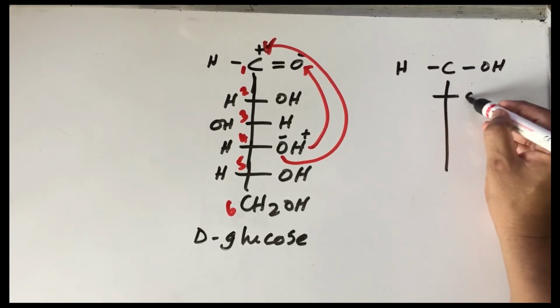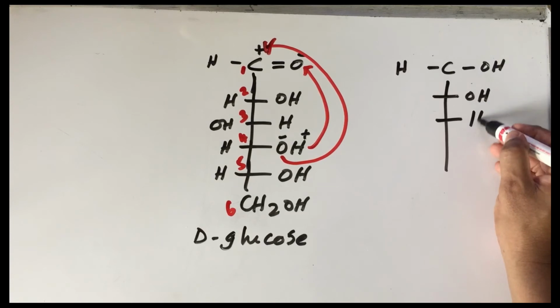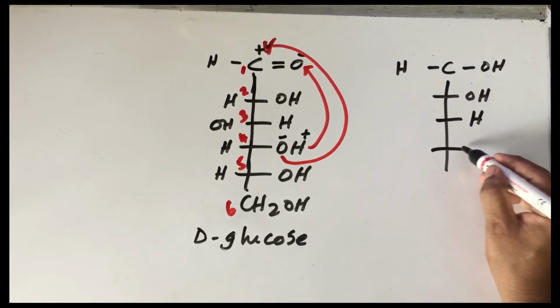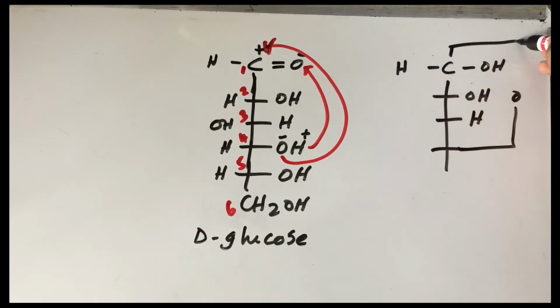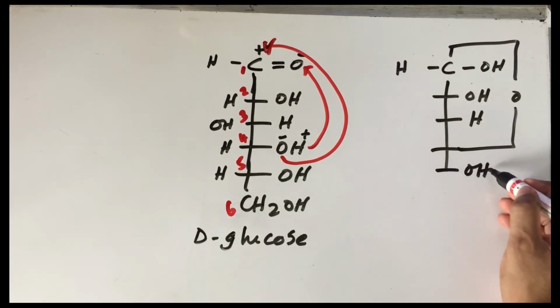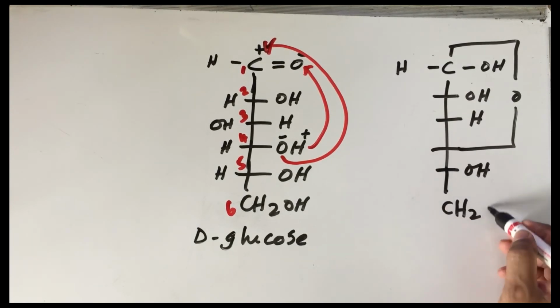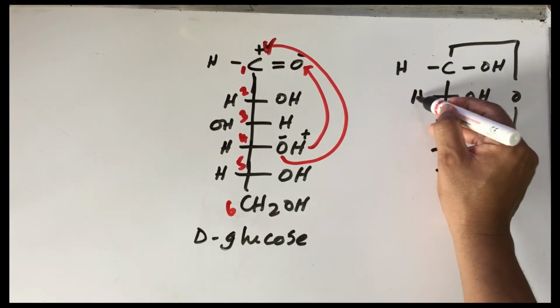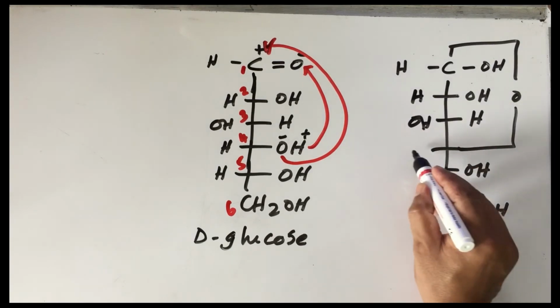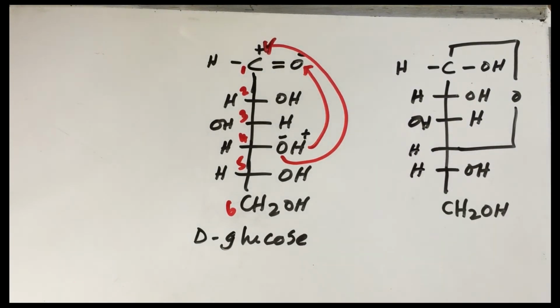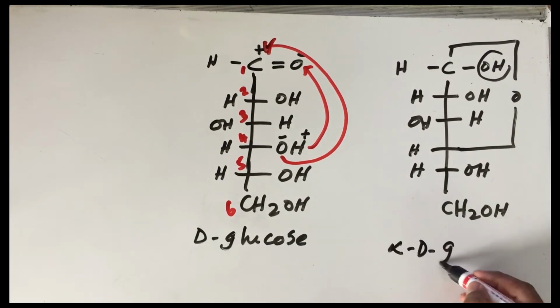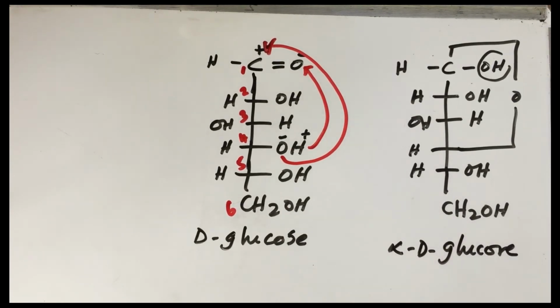This is the second carbon atom, no issue, third hydrogen, and this is forming a link with oxygen, and this will be a hydroxyl group here, that is important, and this is CH2OH, and this will be H, and this will be OH, and this will be H, and this will be H. Since the hydroxyl group is on the right hand side, we call this alpha D glucose, but it will be in the furanose form.